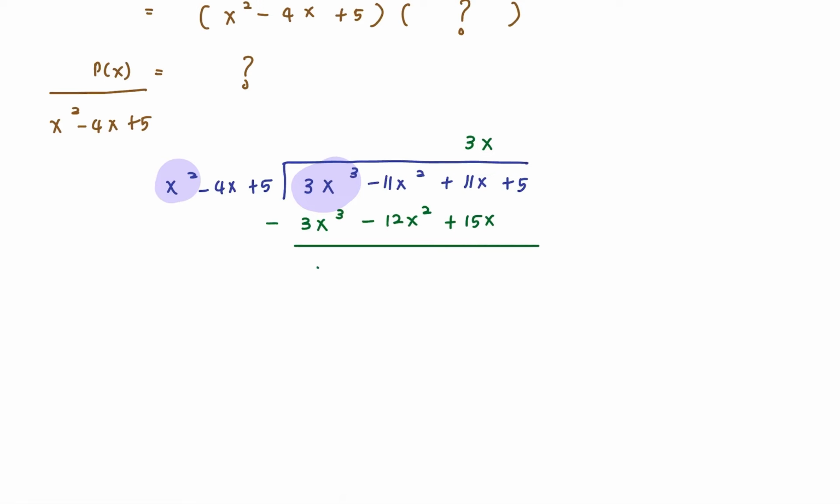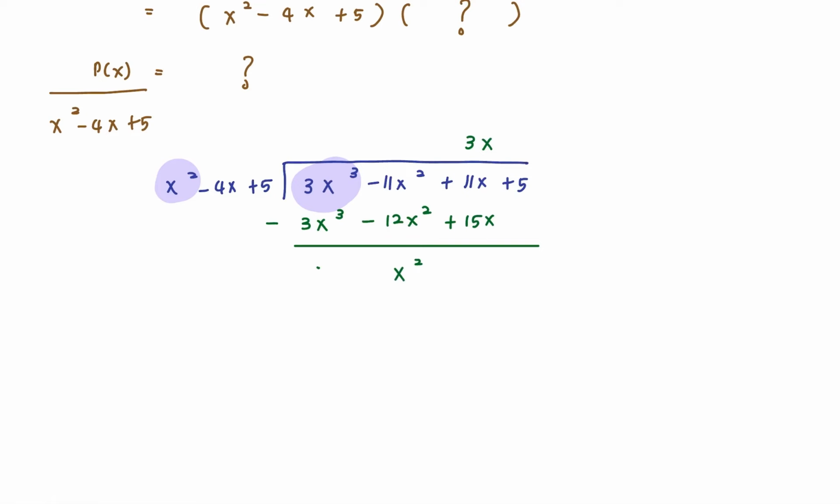3x cubed minus 3x cubed, 0. And then negative 11x squared minus negative 12x squared is x squared only.